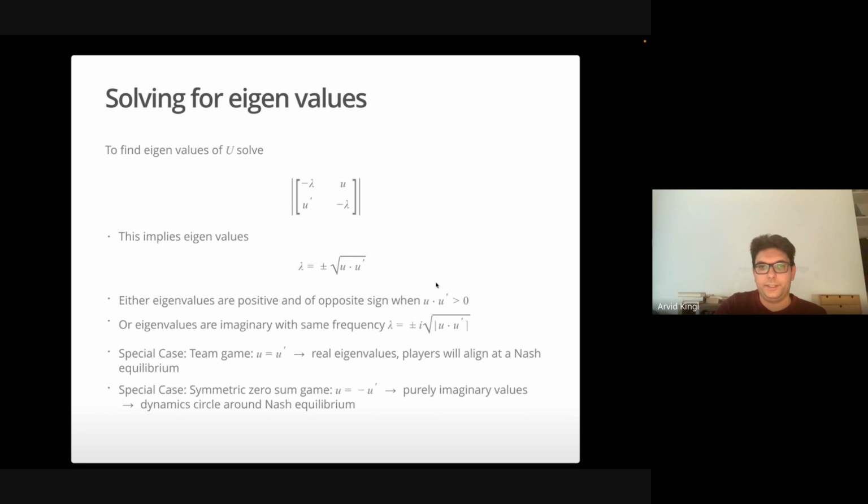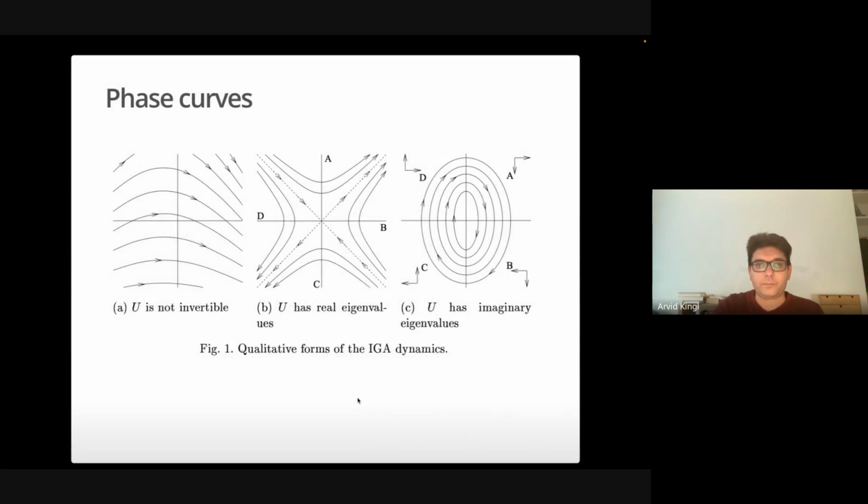But the one we are most interested in is the zero-sum game. We're always going to have an imaginary eigenvalue, just by the very nature that the payoff functions are opposites of each other. So we know that for zero-sum games in this space, we're always going to have imaginary solutions, and the imaginary solutions are always circling around the equilibrium. So we never reach the equilibrium, we just move in circles around it. This is how it looks.